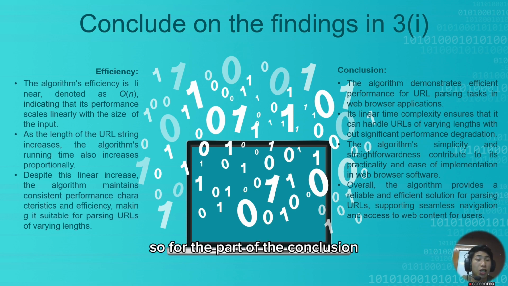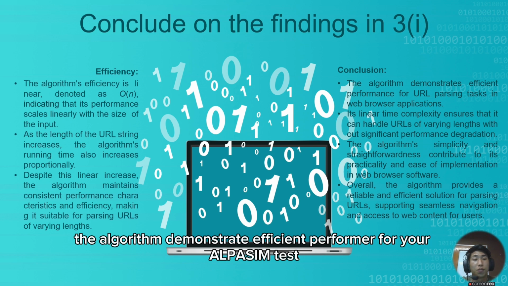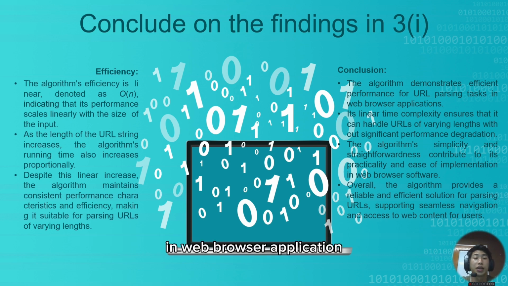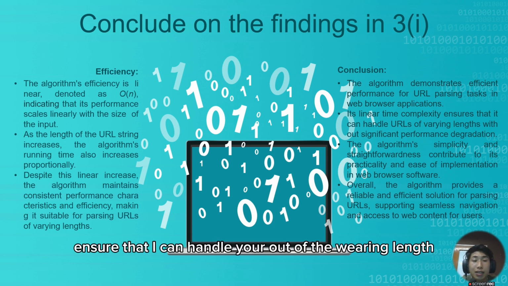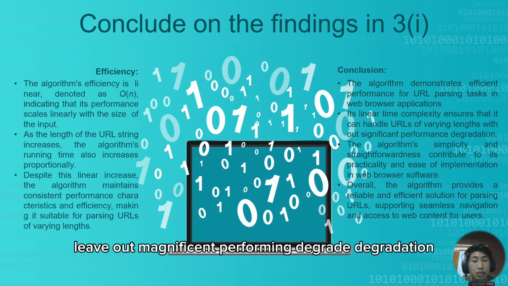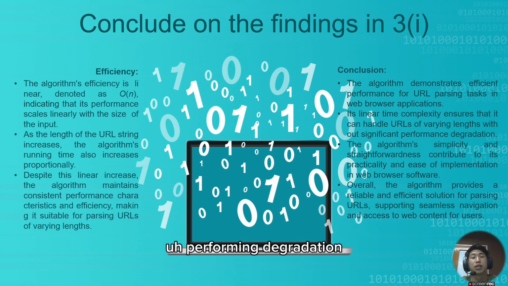For the conclusion, the algorithm demonstrates efficient performance for URL parsing tasks in web browser applications. Second, linear time complexity ensures that it can handle URLs of varying length without significant performance degradation.